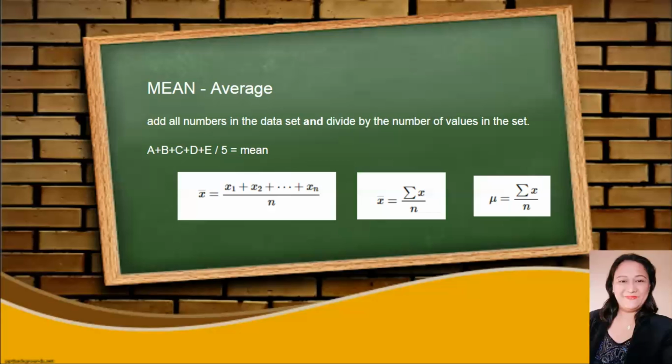Pero minsan, we feel intimidated by these formulas. Mga formula din ito ng mean. Pero they are just here to represent different versions of the formula. Now, it doesn't make it any complicated if you understand what it means.